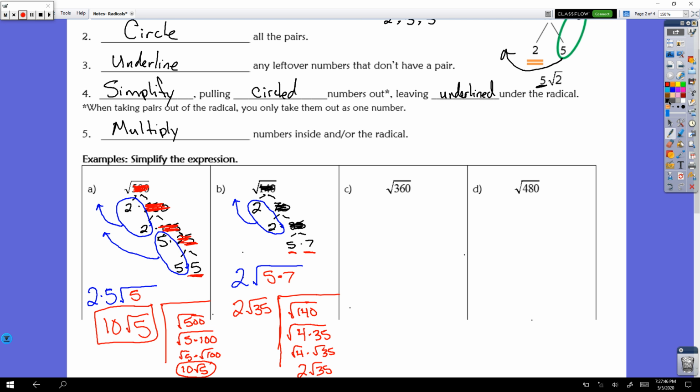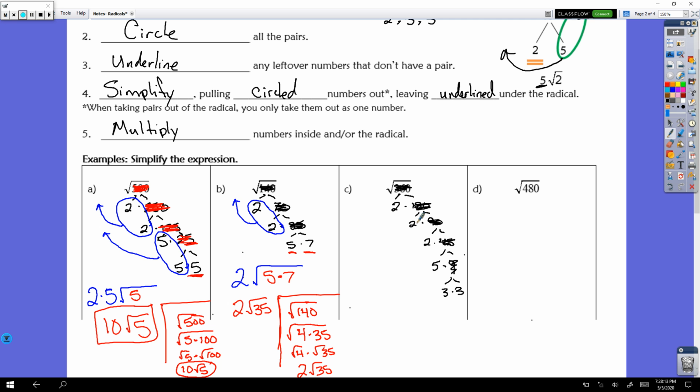Alright, C. Let's break it down. 360 becomes 2 times 180. 180 becomes 2 times 90. 90 becomes 2 times 45. 45 becomes 5 times 9. And then 9 becomes 3 times 3.